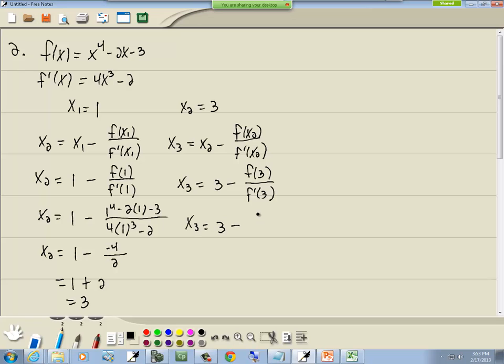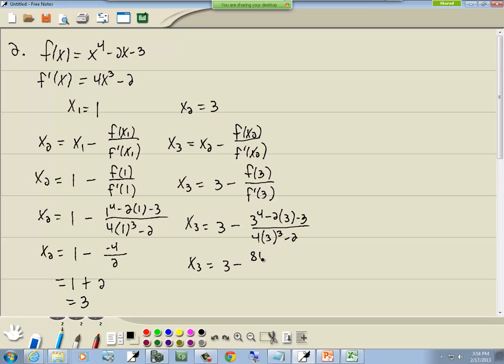So we've got 3 minus, and here we're going to have 3 to the 4th minus 2 times 3 minus 3 over f prime, so we'll plug 3 into that. So we've got 4 times 3 to the 3rd minus 2. That's 81.